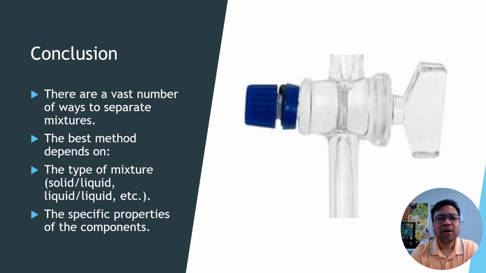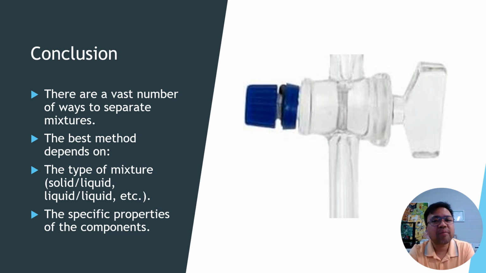In wrapping up our journey through the methods of separating mixtures, it's clear that the essence of these techniques lies not just in their scientific principles, but in their application to solve real world problems. From the recovery of precious metals to the purification of drinking water and the processing of food, these methods illustrate the creativity and adaptability of science in our quest to understand and manipulate the natural world.